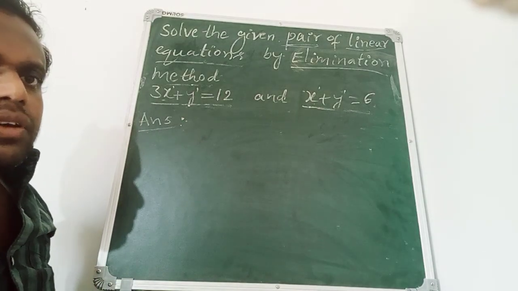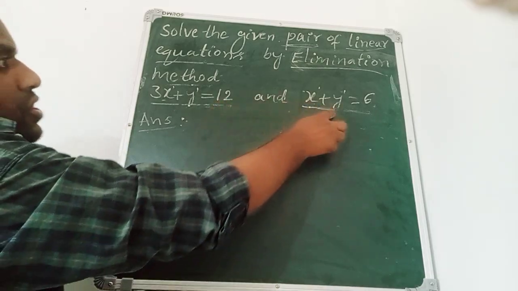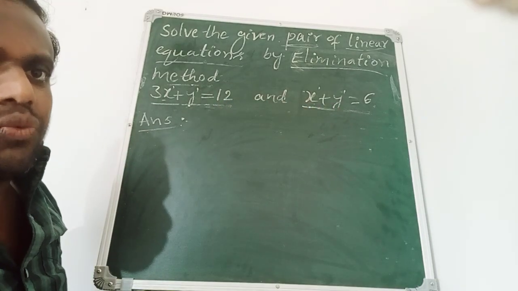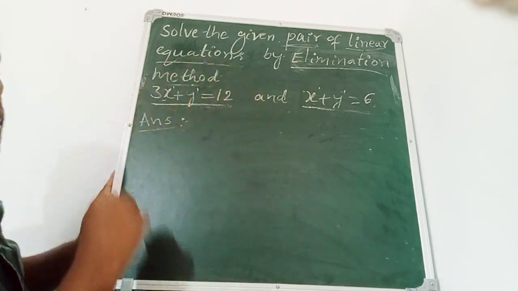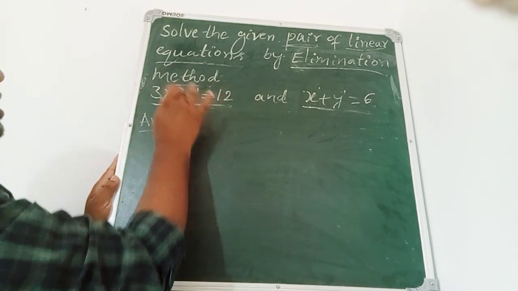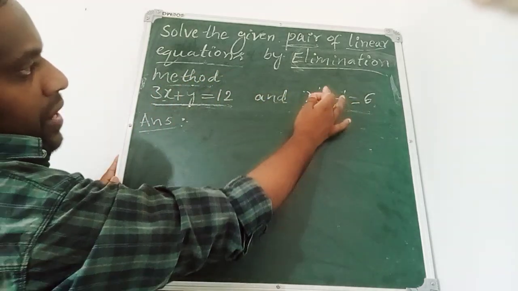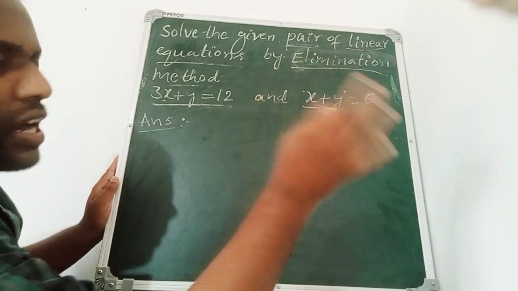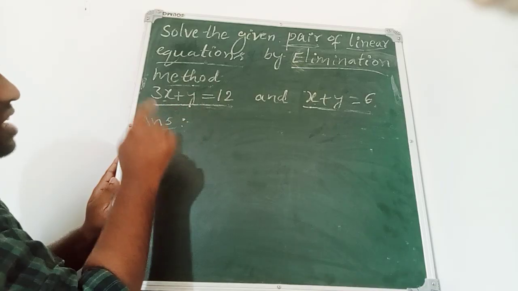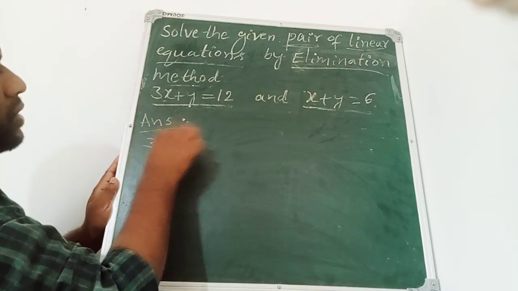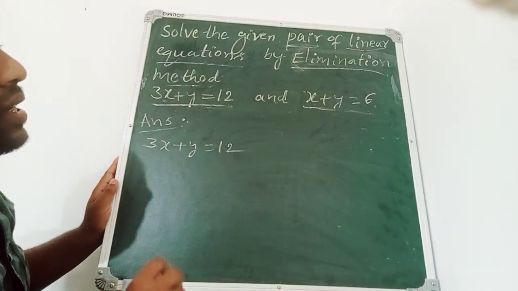Now I will proceed to the main point: we are going to solve these equations. We need to find x and y. First, I will rewrite this equation once again. This 1 I will erase, because even if I erase it, the 1 is understood. So first write this equation as it is: 3x plus y is equal to 12.